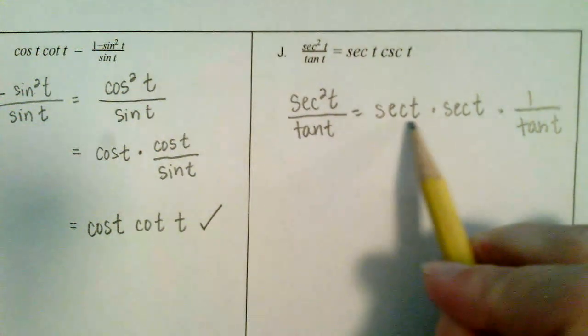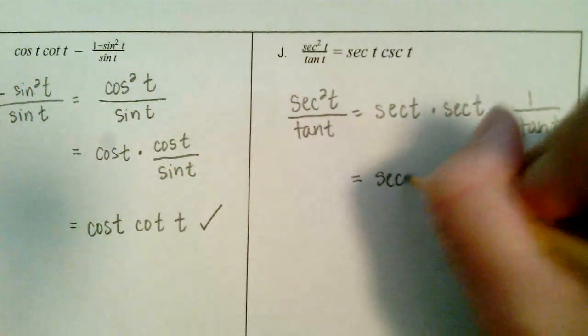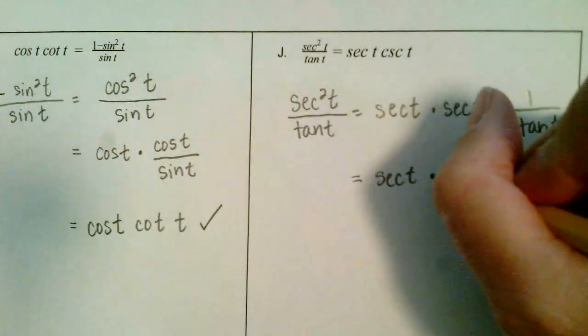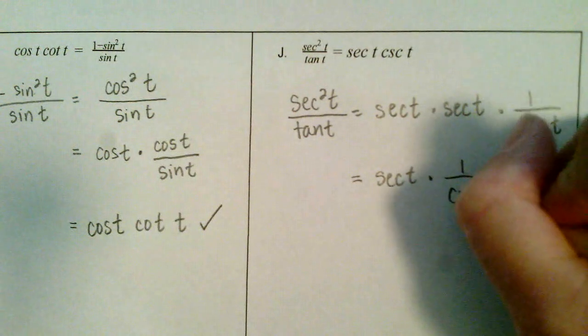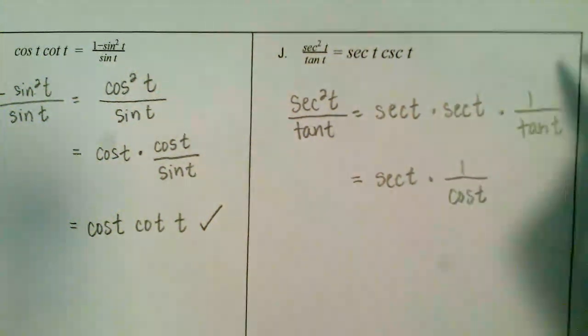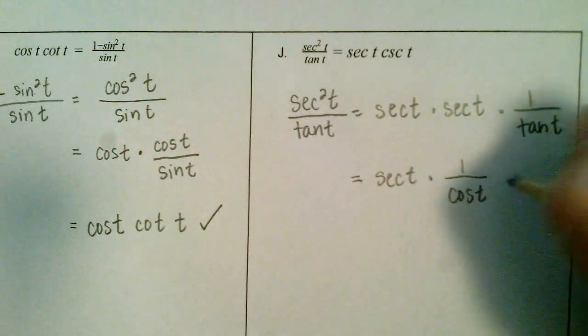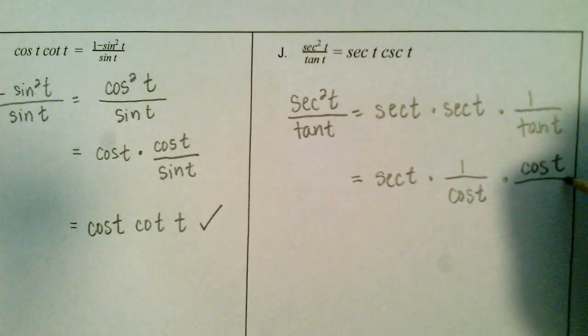Okay, so I still want that secant of t there. So I'm going to keep that secant of t there, but I'm going to write the rest in terms of sine and cosine. So this is going to become 1 over cosine of t. And then 1 over my tangent t. Tangent t is sine over cosine, so the reciprocal is going to be cosine t over sine of t.